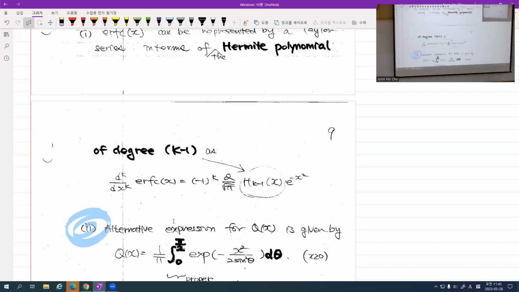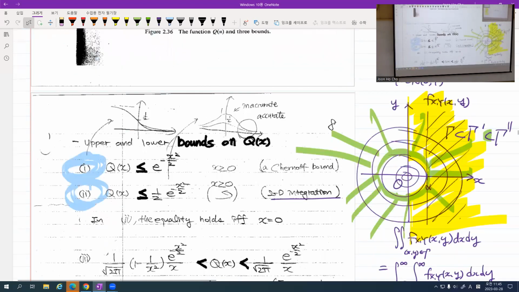And so after a few days, probably, I started to read. And interestingly, the method of proving this equality, this expression, is very similar to that idea.